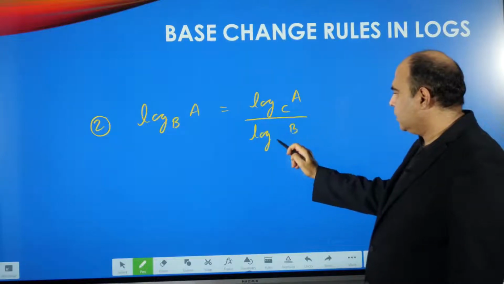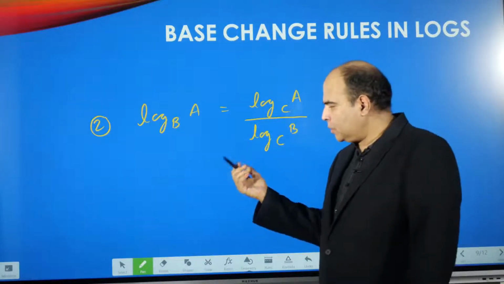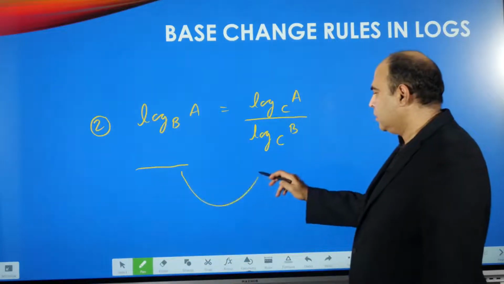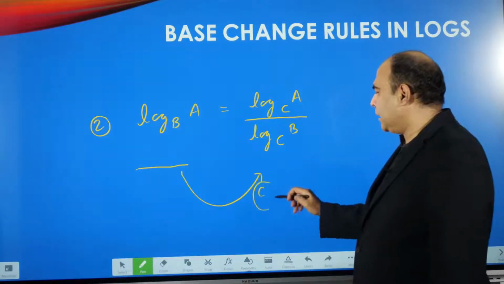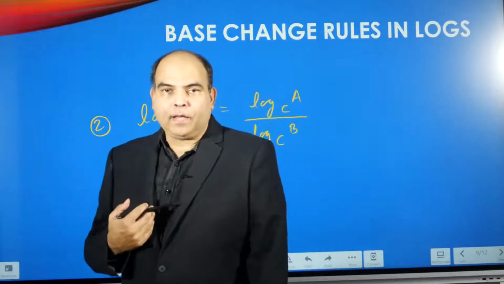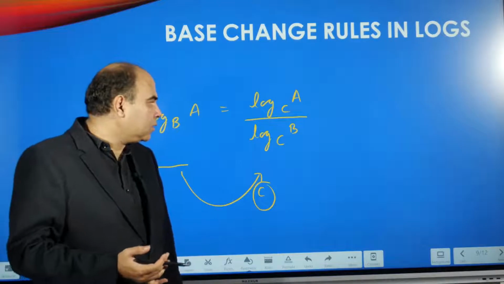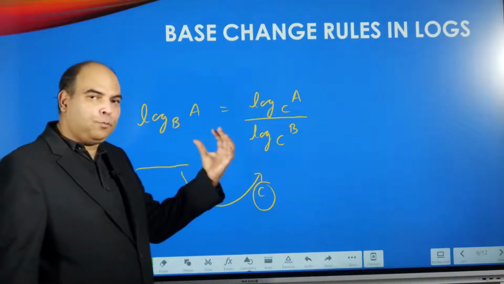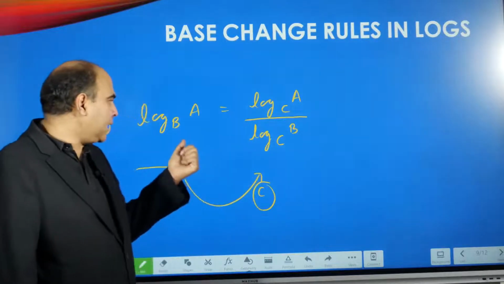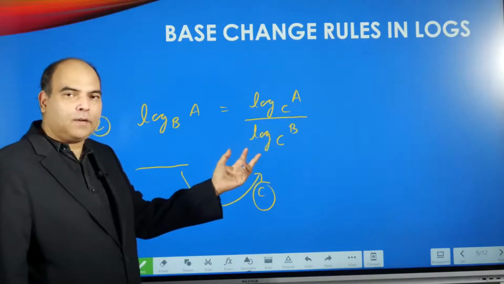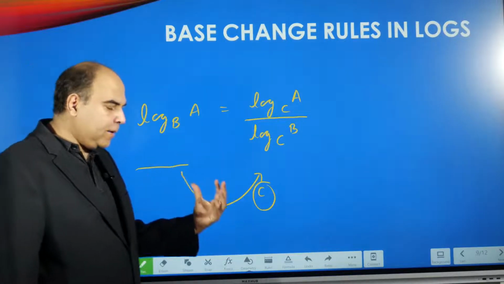Please notice on this side there is no c, so I'm allowed to introduce a c as per my liking on the right side. The c is introduced by me in the problem solving situation. So it allows me to introduce any new base c, provided I shift to log a by log b to the same base c. So this is the real base change rule.